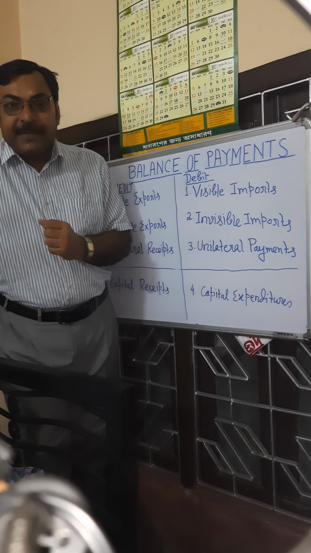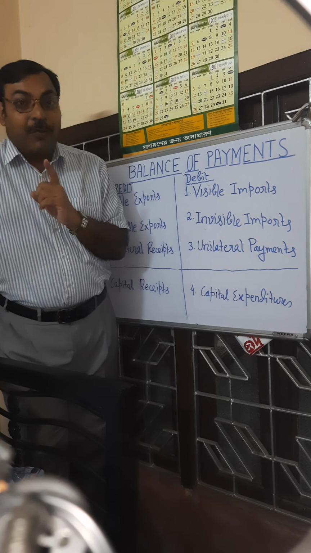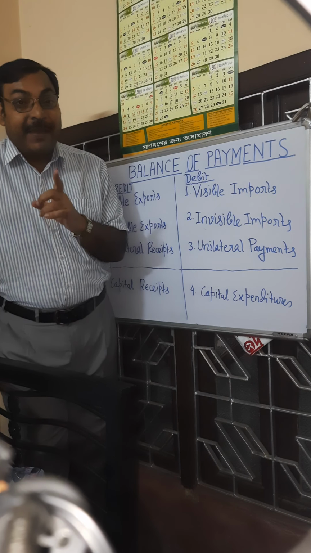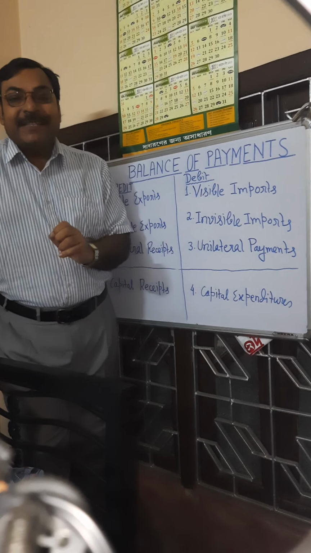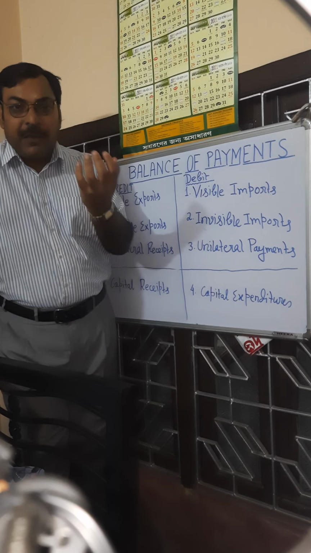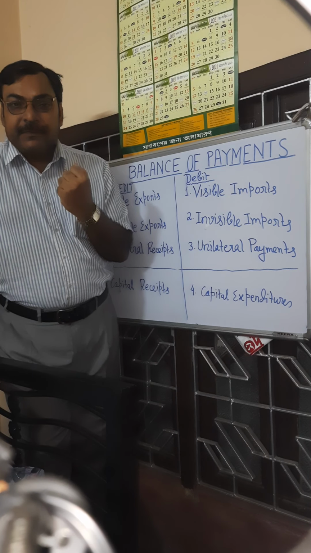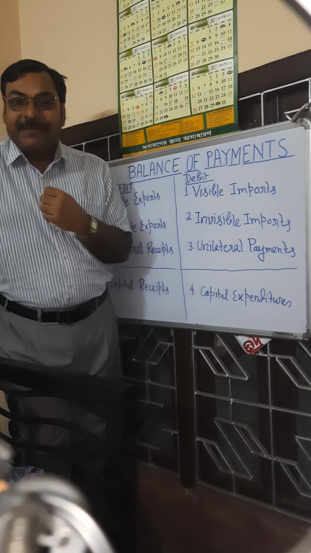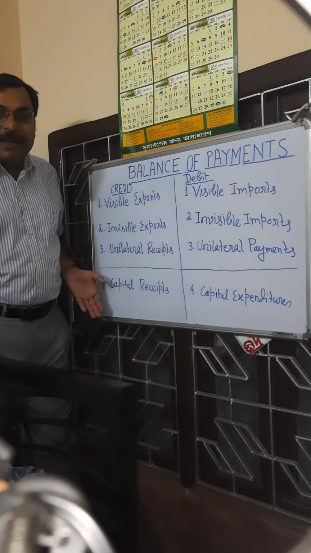What is capital receipt? We know it all well that capital receipt means that may cause decline in asset or increase in liability. If you are borrowing from the foreign sector, that will increase your liability and will be included in the capital account.